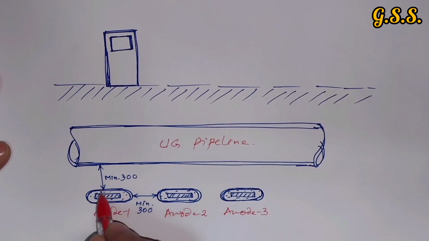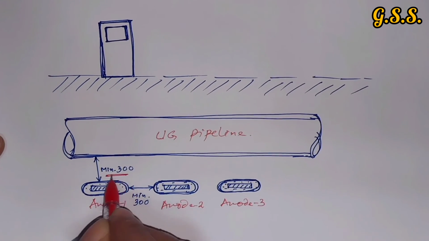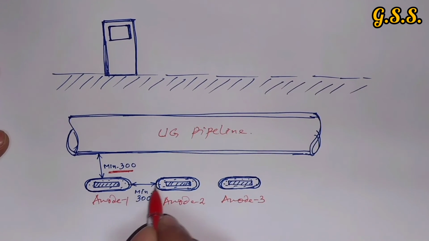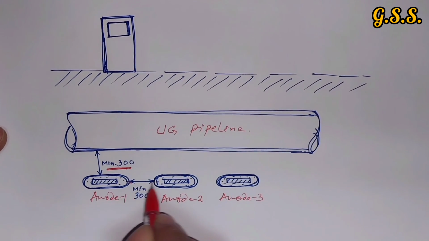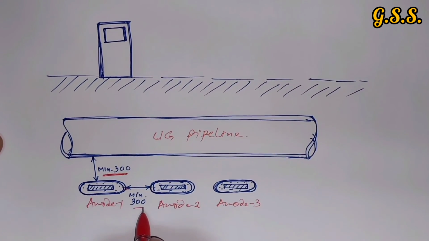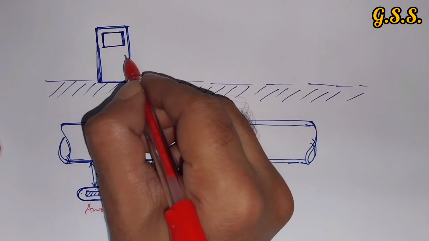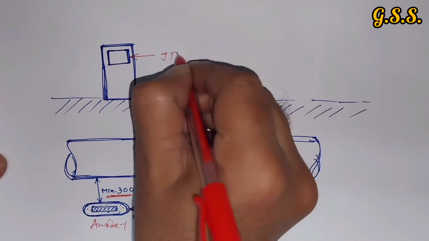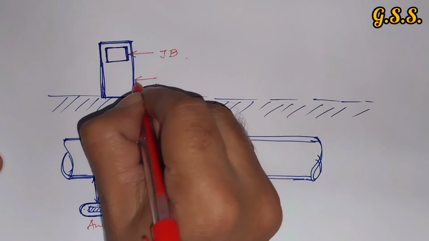From the pipe bottom, the requirement is minimum 300 mm, and in between two anodes, the requirement is minimum 300 millimeter. And this is the test point, and this is the JB, junction box, and this is the test point.